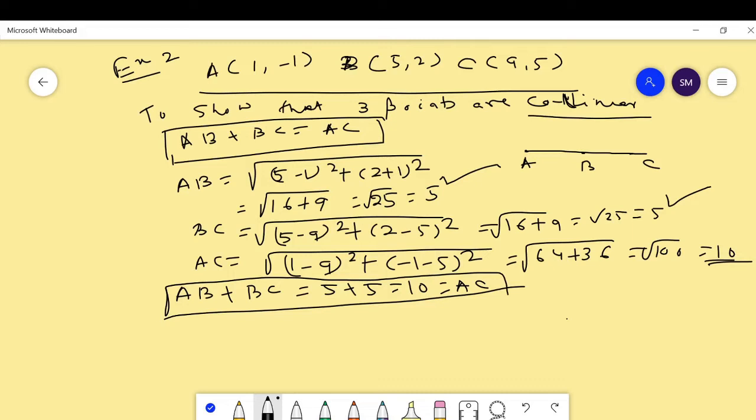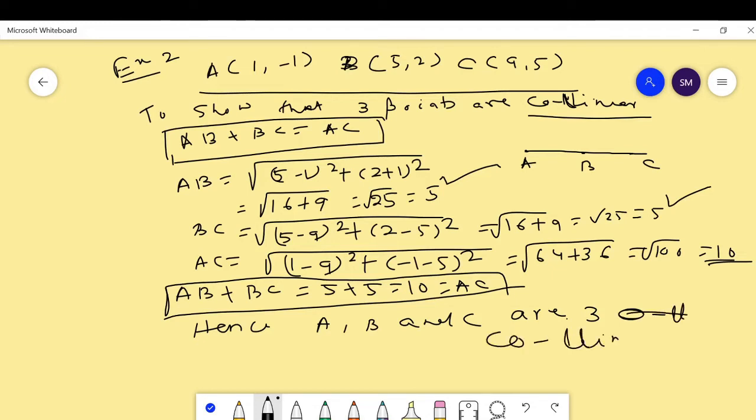Hence we conclude that A, B and C are 3 collinear vertices.